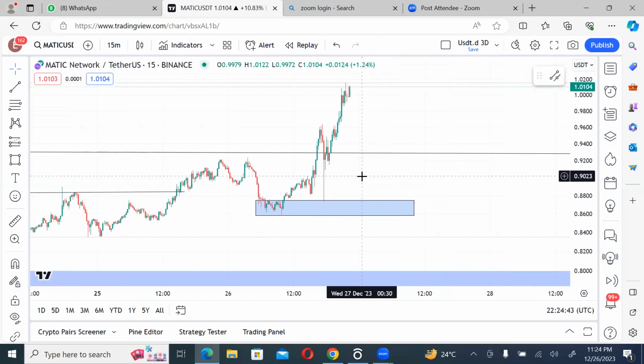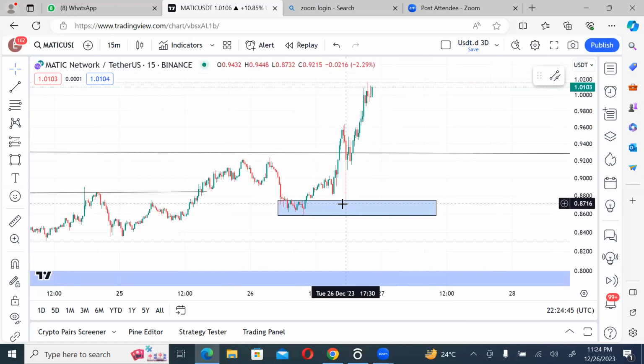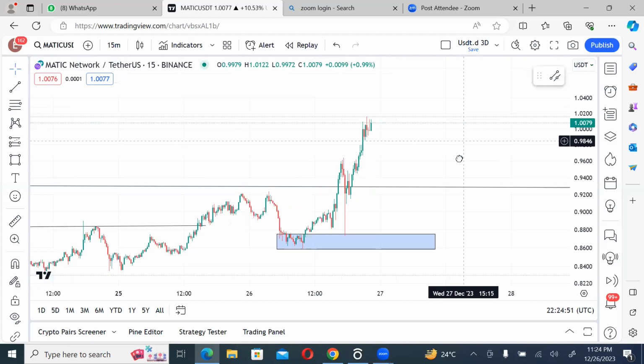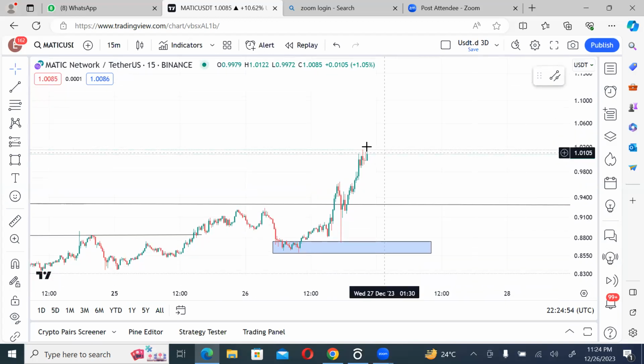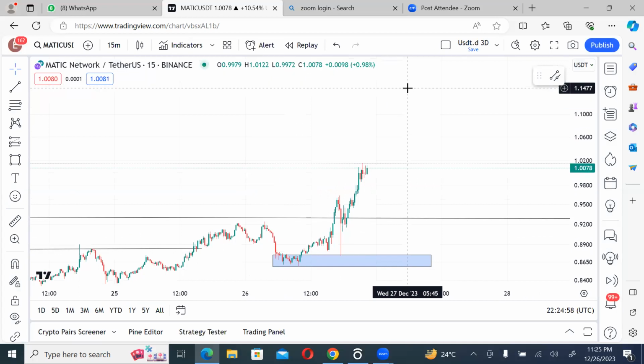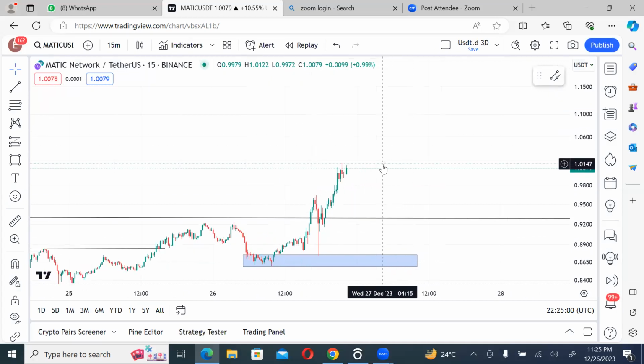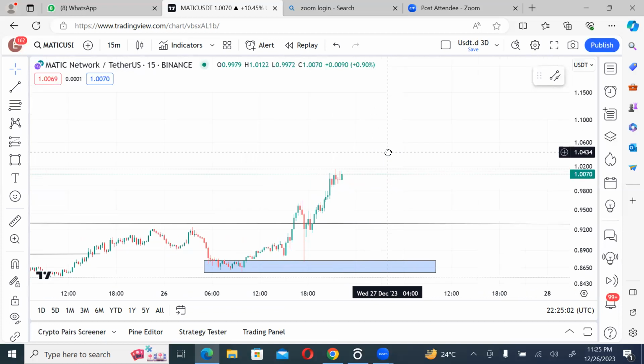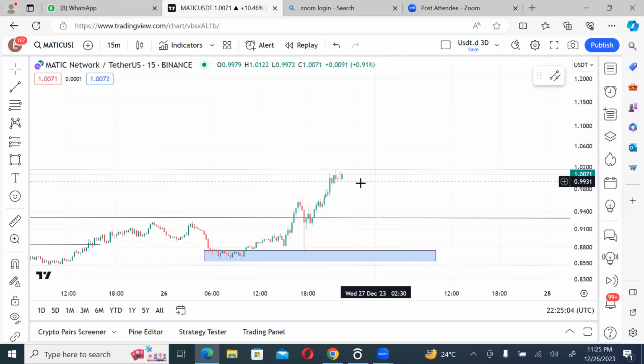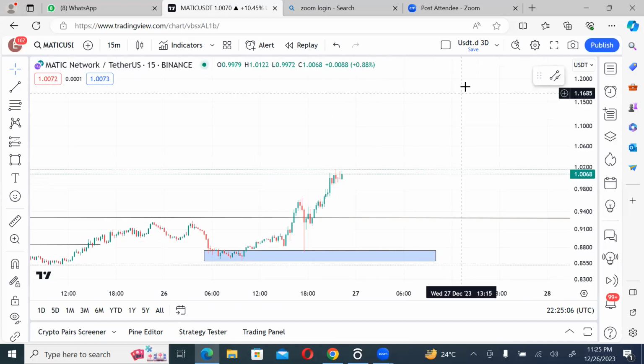Just look at it yourself. We got our entries from here. Very perfect entry. And I'm swinging this up to 1.14. That's my TP. So I'm still some distance away from my TP.